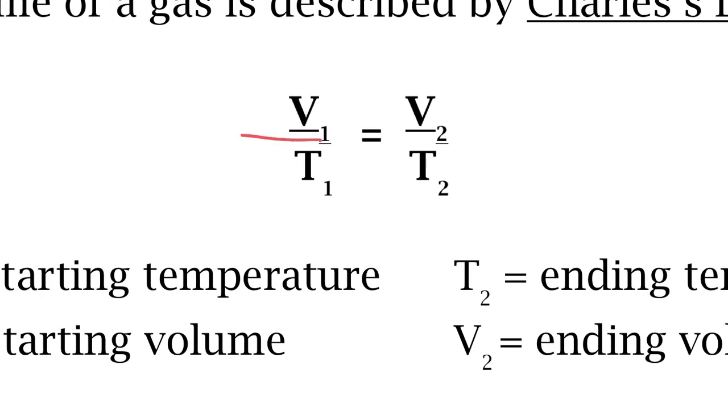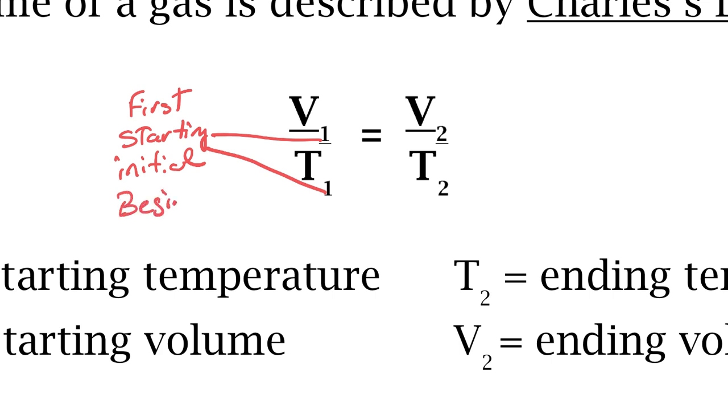Again, what do the ones stand for? All right, so first, starting, initial, beginning, before. All right, those are all words that key you in to you've got your something is 1, V1 or T1.